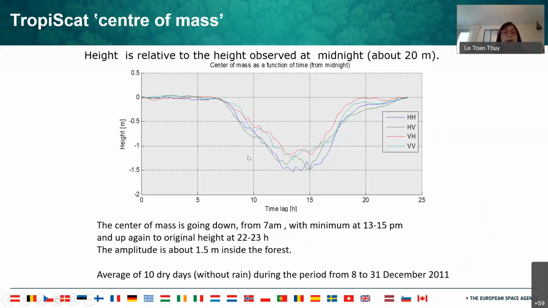And the amplitude is inside the forest, 1.5 meters inside the forest. The amplitude is higher with the blue one, which is HV, than the red one, which is VH, and then HH and VV.